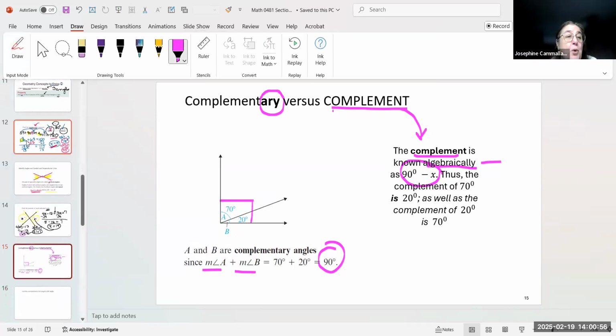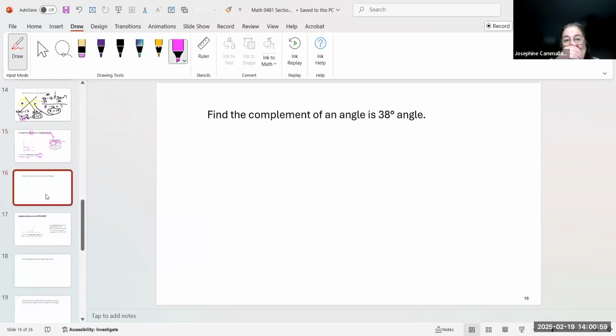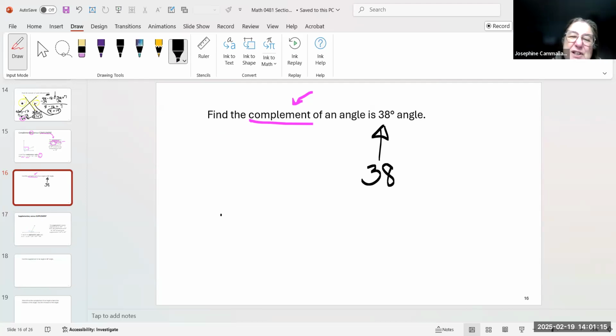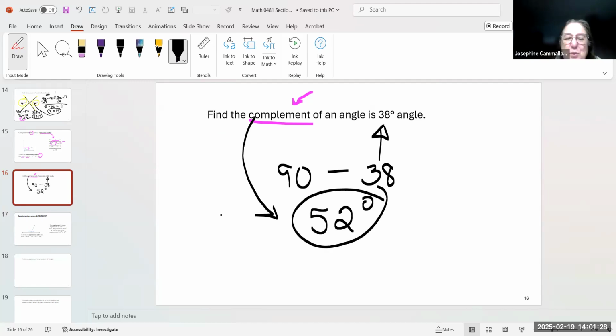Okay. We also have this one. Okay. Now, this is where you got to watch. See this word complement? That means we're taking 38 and we're going to subtract it from 90 because the complement is 52 degrees.